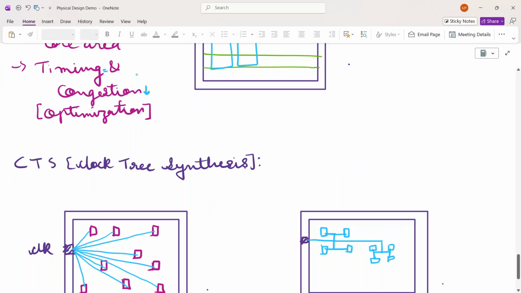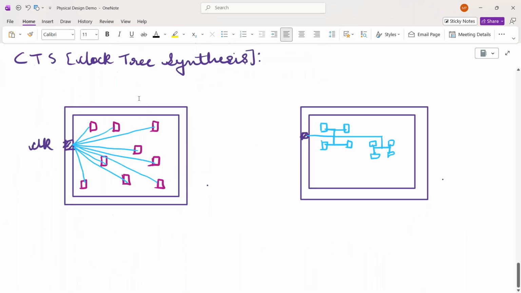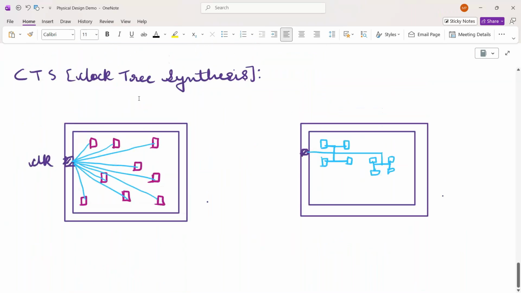The tool working towards that is called optimization. After CTS, we check the timing. The tool will do timing fixes to a certain extent, but you will find certain violations that we fix. We give different fixes manually.